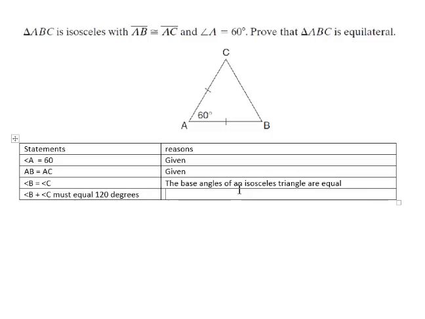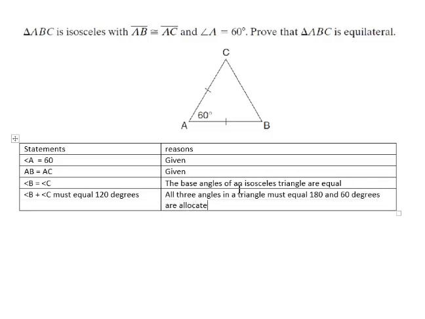And the reason is that all three angles in a triangle must equal 180, and 60 degrees are allocated to angle A.